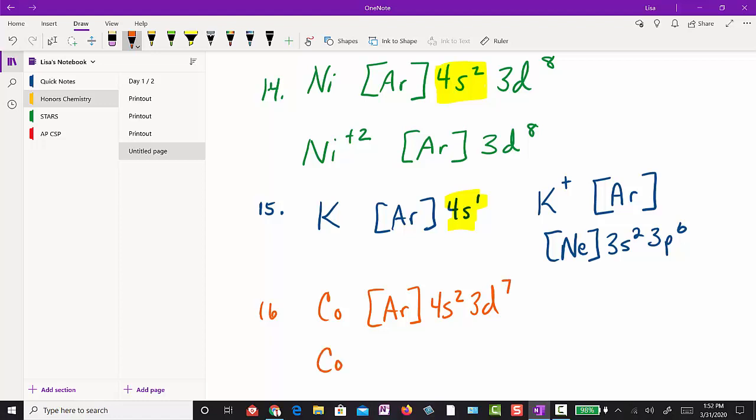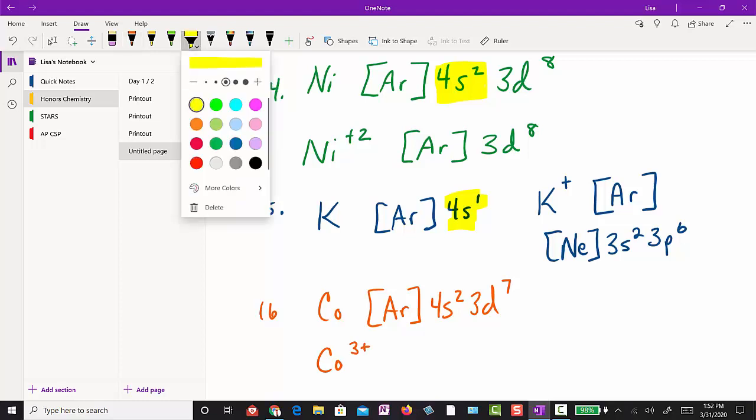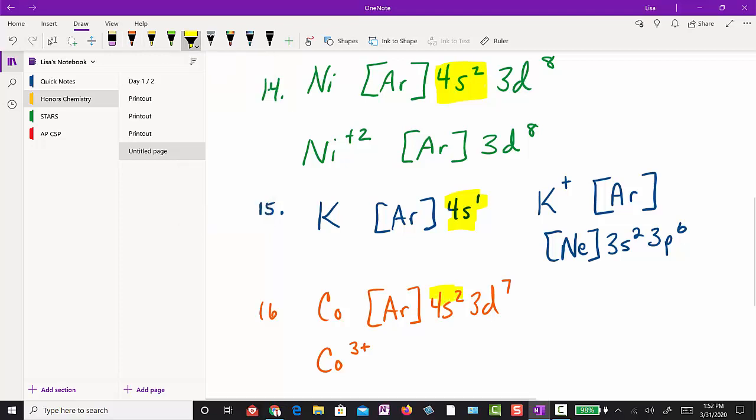So cobalt 3 plus. Here we look at our valence electrons. It has 2 valence electrons, so those are going to go, but then we want to lose one more, so I'm going to lose one of the d's, so 3d6.